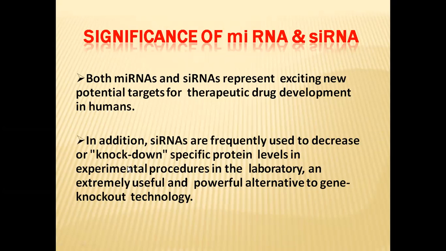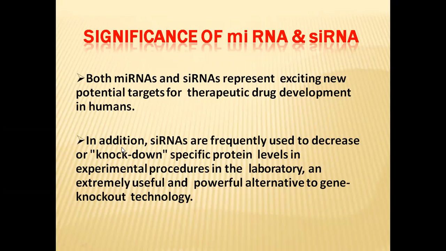And these knockdown animals or knockdown organisms are also one type of genetically modified organisms. But in these organisms, one gene will be deleted from the genome. In the remaining genetically modified organisms, one new gene will be added from other organisms.